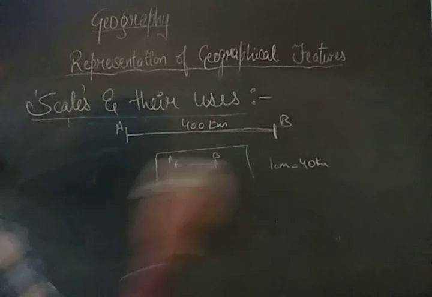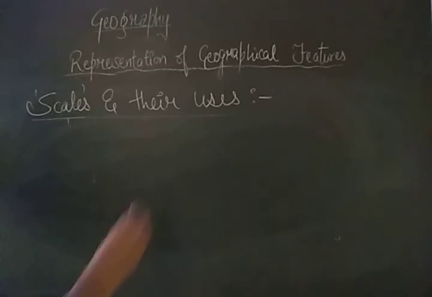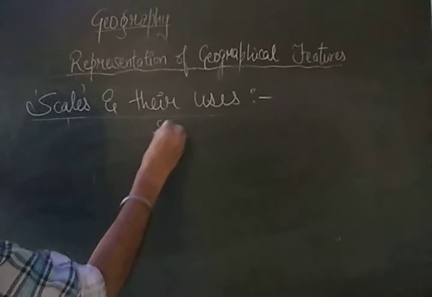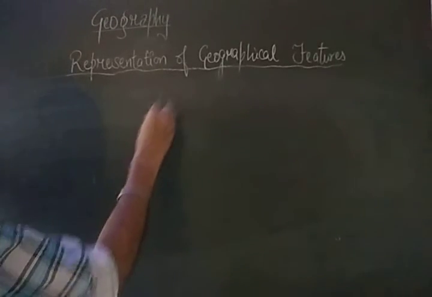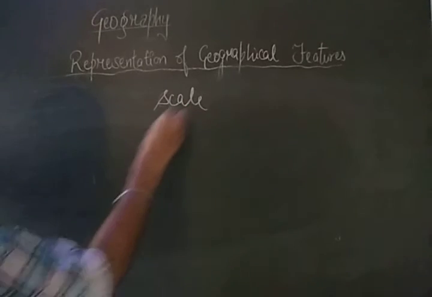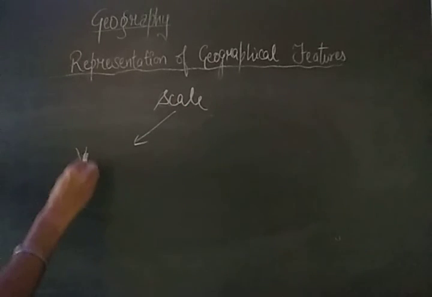Now scales in geography are of three types. The first one is verbal scale, also known as statement scale.